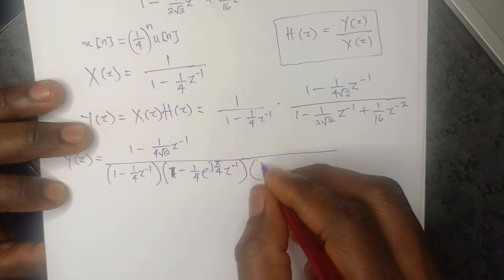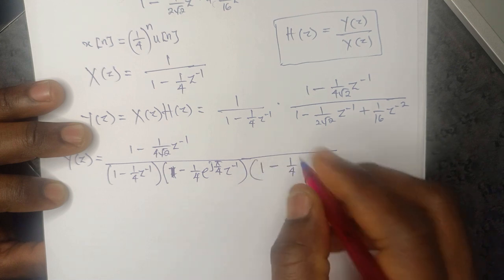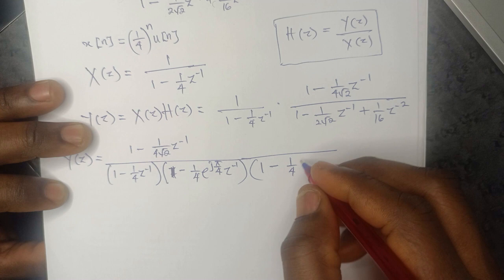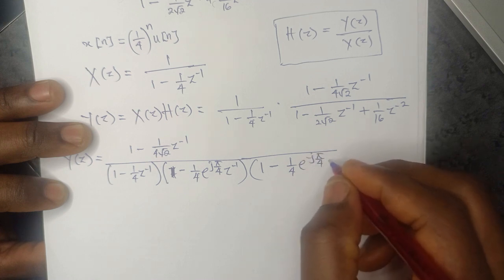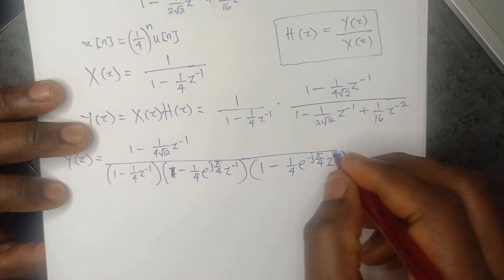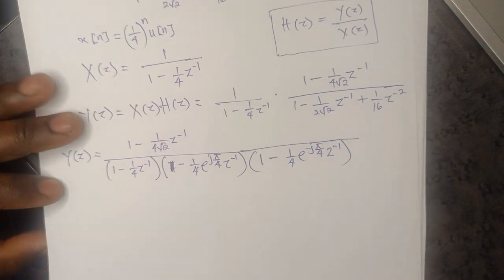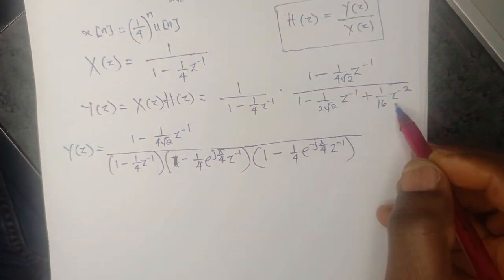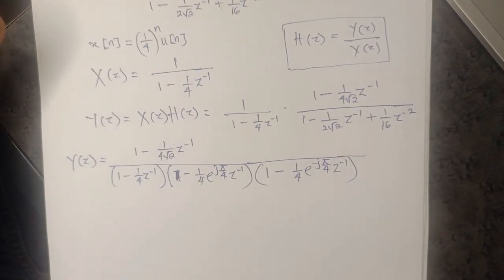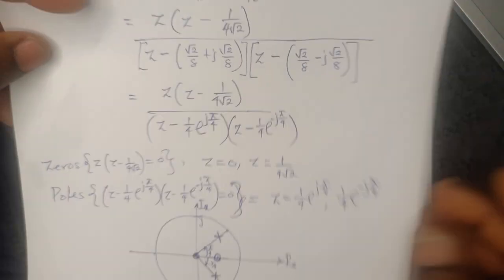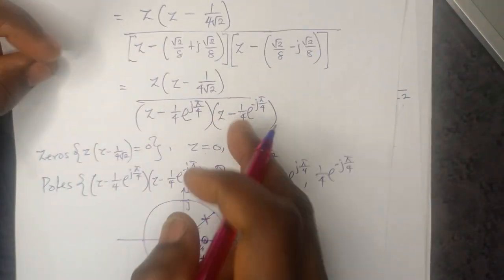Also, this one is going to be 1 minus 1 all over 4 e raised to power minus j pi all over 4 z raised to power minus 1. That is if we want to represent this one, just as we did in the previous question earlier.